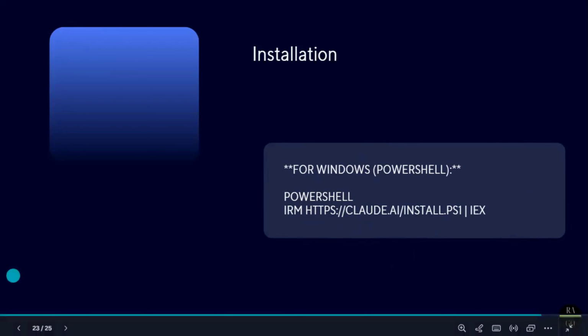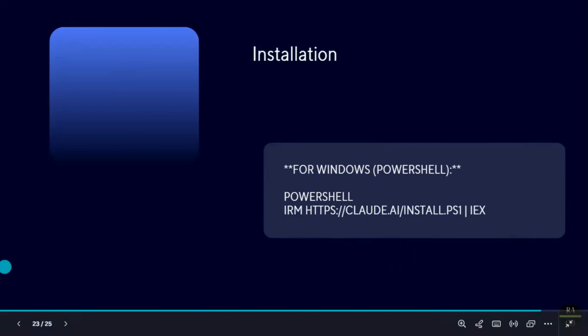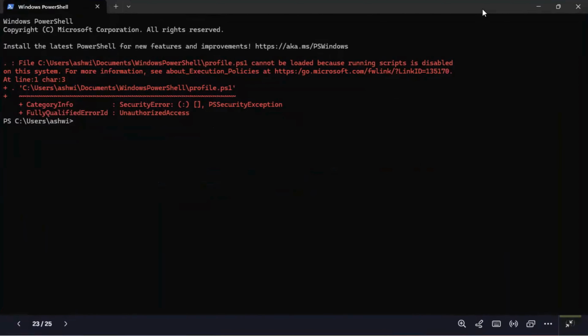And this is again the command that we are going to give. Let's try it with this command. Since I already have Claude Code installed on my machine, I'm not pretty sure how this is actually going to work, so kindly bear with me. I'm going to check.